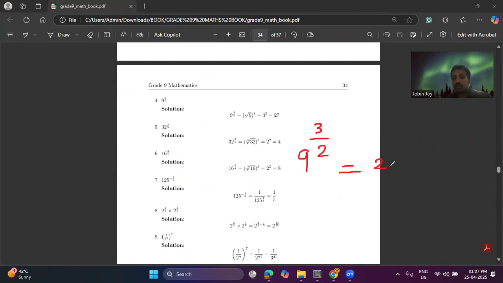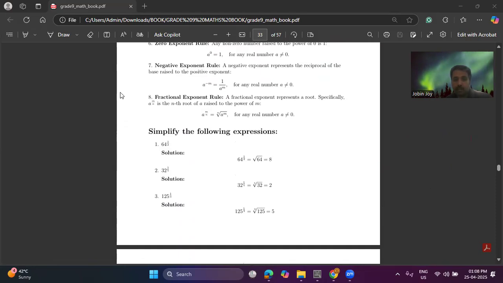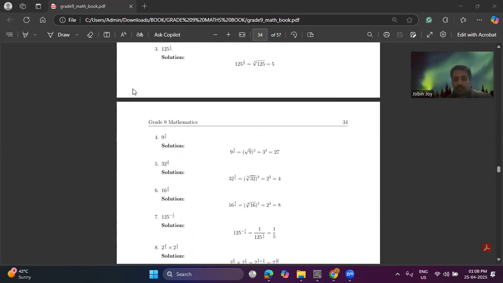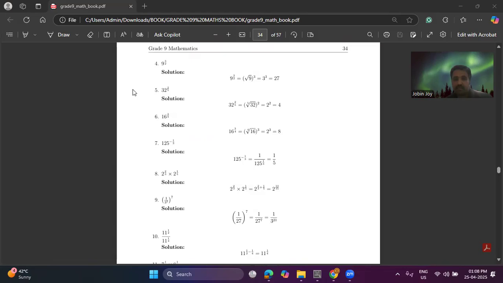That means the nth root of 9 raised to 3, where n is 2.